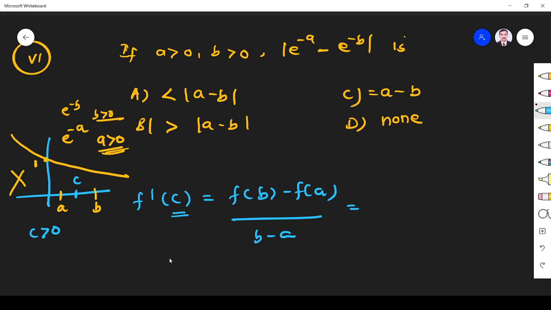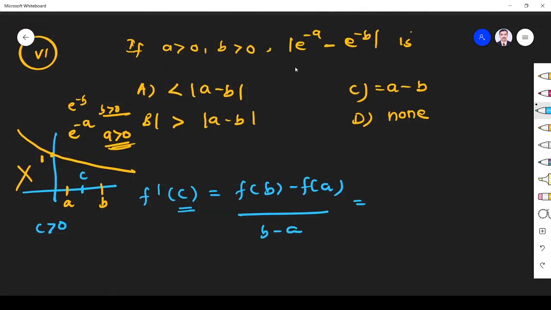Clear? Now we take the modulus because they ask mod e power minus a, mod e power minus b. Right? Okay, let us see. If you take mod f dash of c, it is equal to mod of f of b minus f of a divided by b minus a.